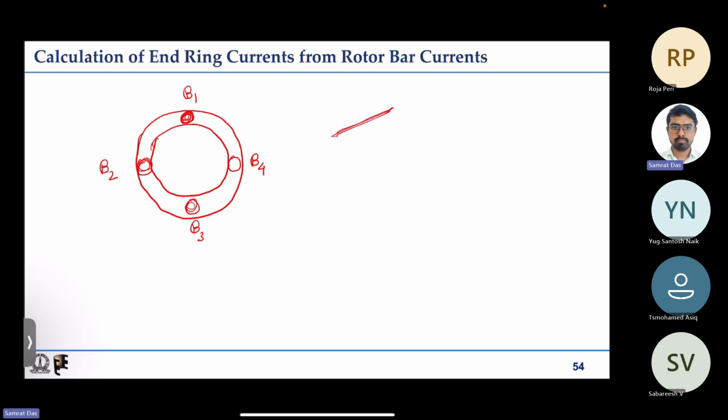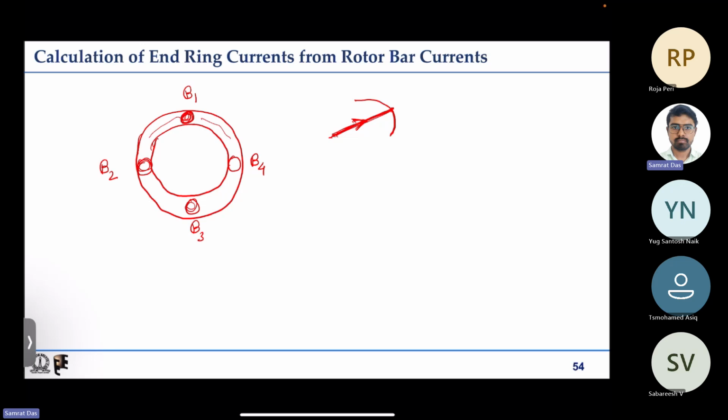Say this is the direction of the positive current, and we have two side by side end rings, which are connecting this bar to the next bars.